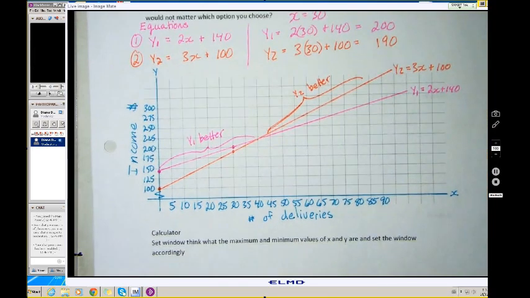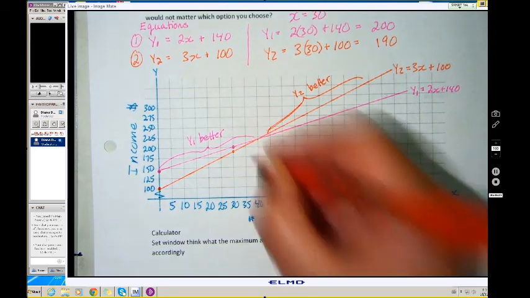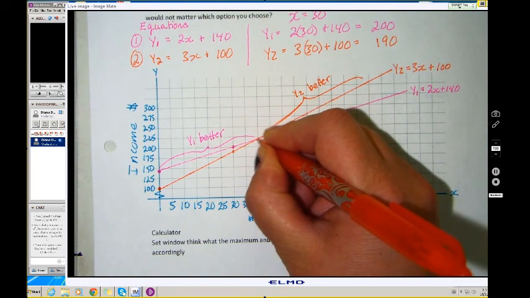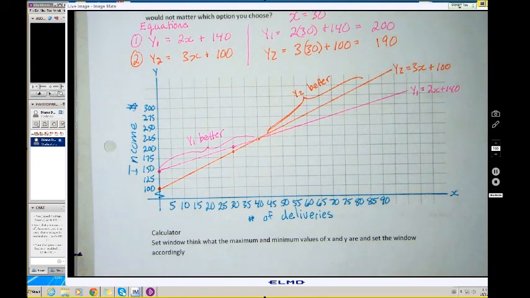Like 2 is better. What about rate at 40 deliveries? It's right here. Which one's better? They're the same. Yeah, that's the point of intersection.